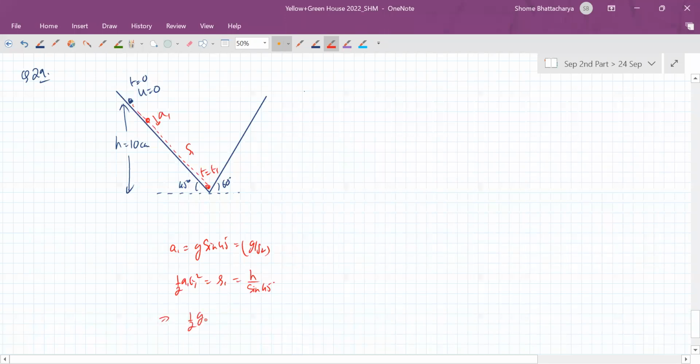So half g by root 2 t1 square is equal to h upon sine 45. From this we'll get t1 as square root of h by g.